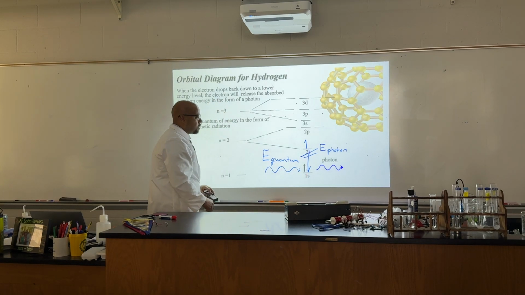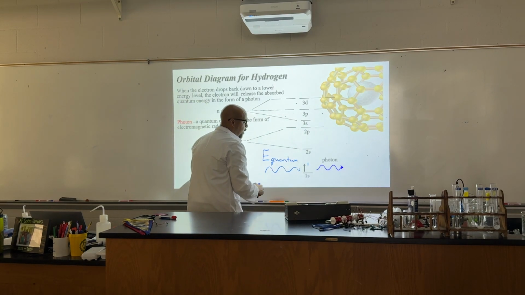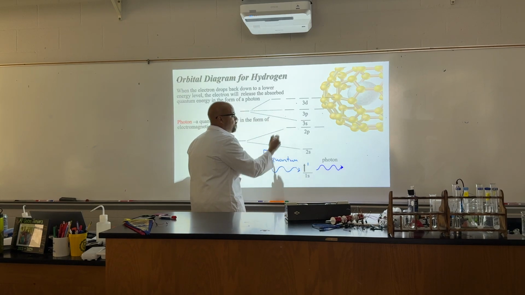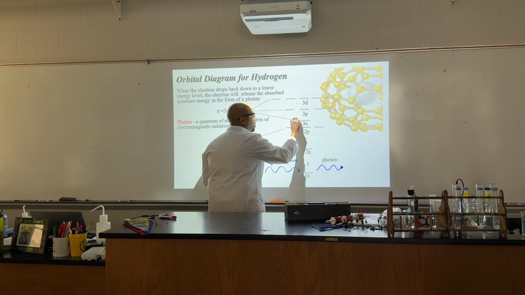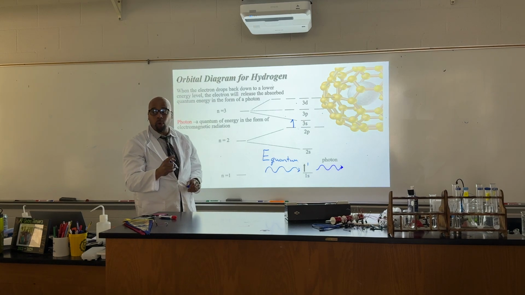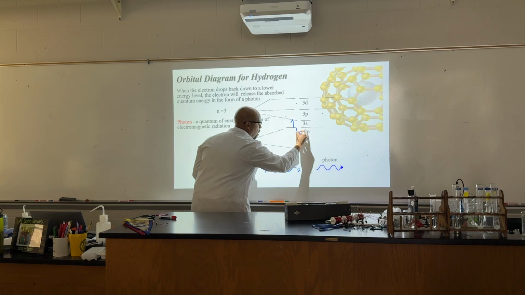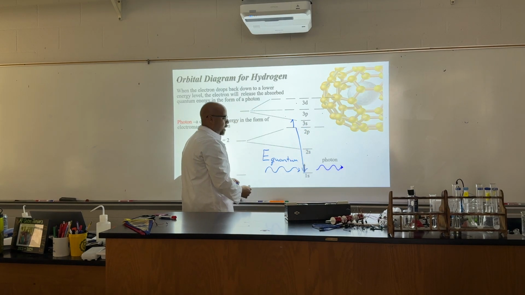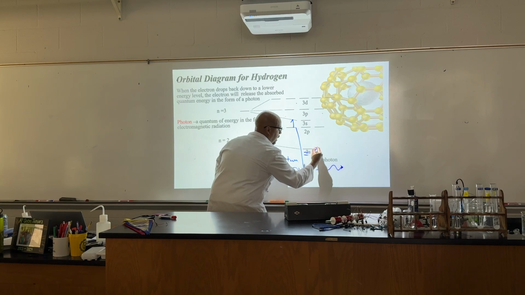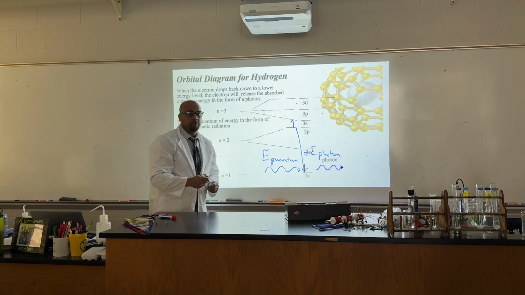It is possible for you to actually give this electron enough energy in the form of a quantum to take it to a higher sublevel. Maybe it jumps up here to the 2p sublevel. Well, when it jumps down, it has choices here. It's possible the electron might jump all the way back down. In that case, then the energy of the quantum would be equal to the energy of the photon. That's fine.